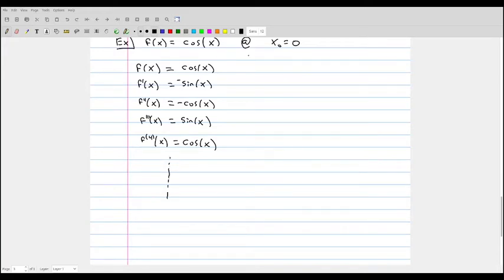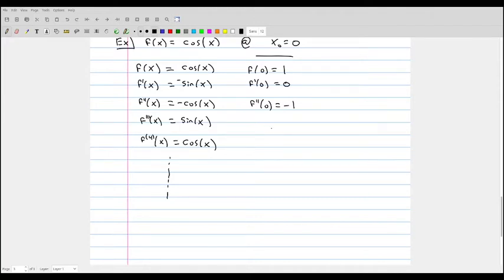So at the point x naught equals 0, you have that f of 0 is equal to cosine of 0, which is 1. F prime of 0 is negative sine of 0, which is 0. F double prime of 0 is equal to negative cosine of 0, which is negative 1.